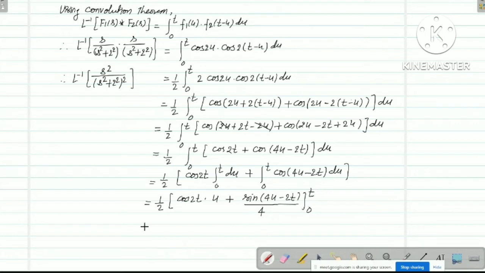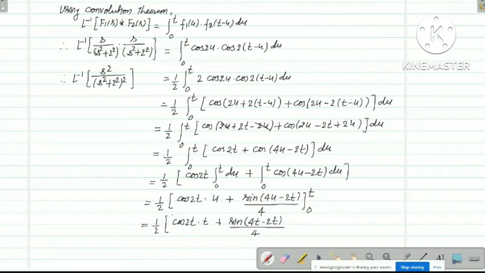Okay, so this equal to 1 by 2, upper limit, instead of u we put t. So cos 2t into t for the upper limit, and plus sine, instead of u we put t, so this is 4t minus 2t and divide by 4.